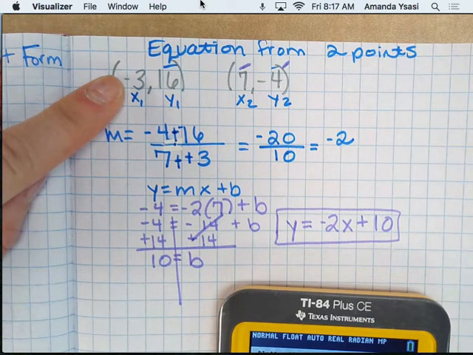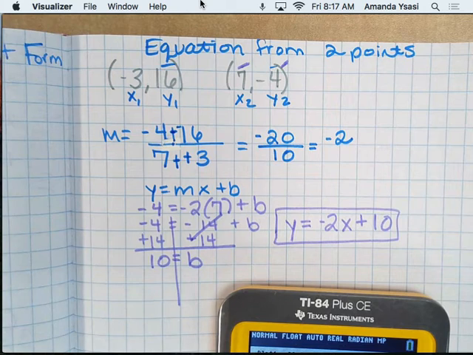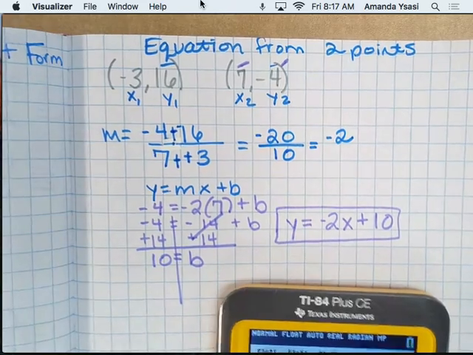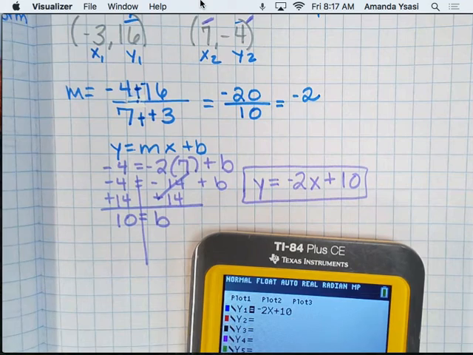So if you have a calculator, open it up on the computer or use the hard one, the calculator. So that's -2x plus 10.